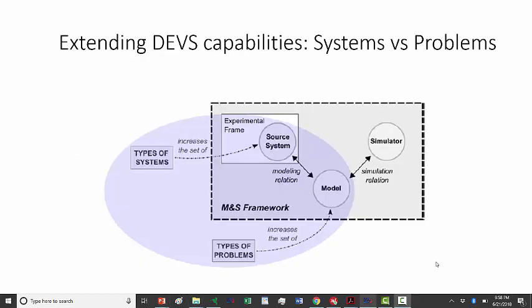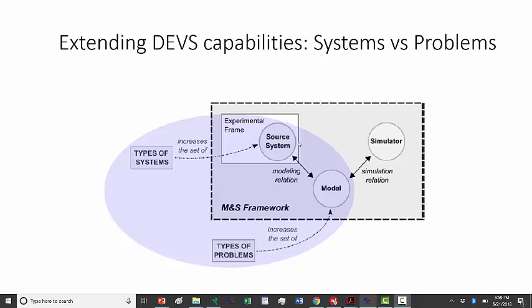We just talked about subclasses, but actually there's a difference between subclasses and variants of DEVS, and this diagram is the first of two, with which we can start to understand how that looks within the modeling and simulation framework.